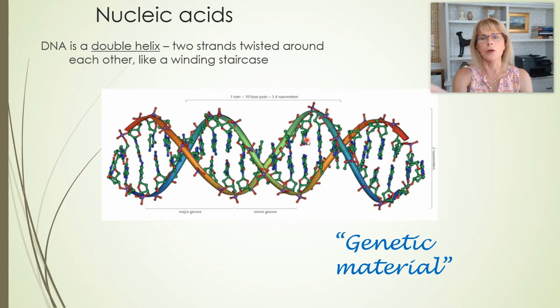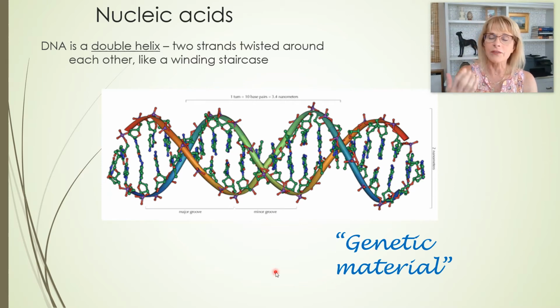So maybe there are 20 base pairs here. So 20 base pairs versus a million base pairs, this is a teeny tiny bit of DNA, right? But it is the way DNA looks. It looks like a winding staircase, and it is known as the double helix. Ooh, I think that's on the exam. It's known as the double helix.